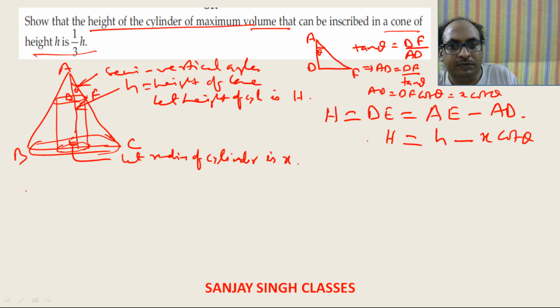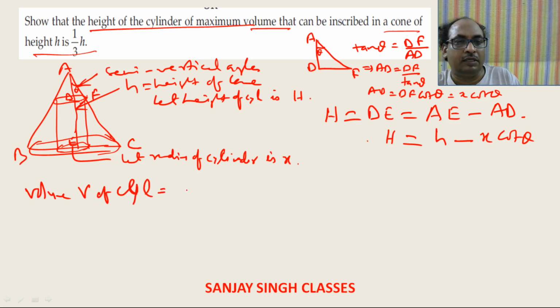So the volume of the cylinder, V of cylinder, is what? Pi r square h. R is what? x. So pi x square, and h is what? h minus x cot theta.